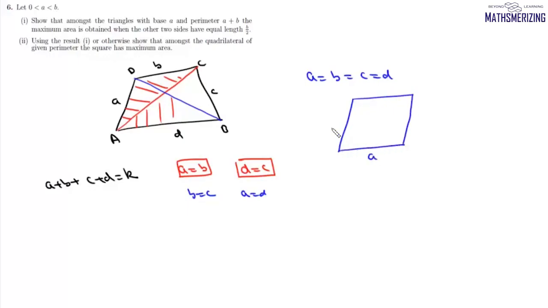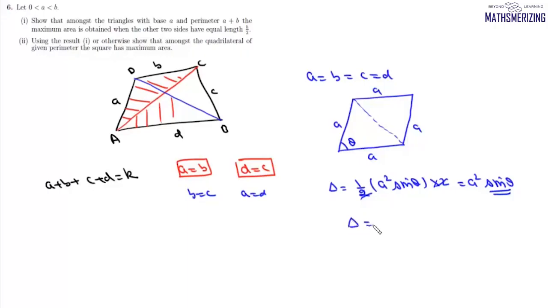Now suppose this side is a, and a, and say this angle is theta. Now the area of the rhombus will be 1 by 2 a square sine theta into 2, so it will be a square sine theta. Now the maximum value of sine theta is 1.